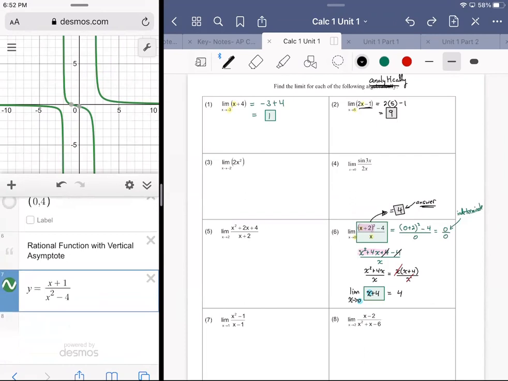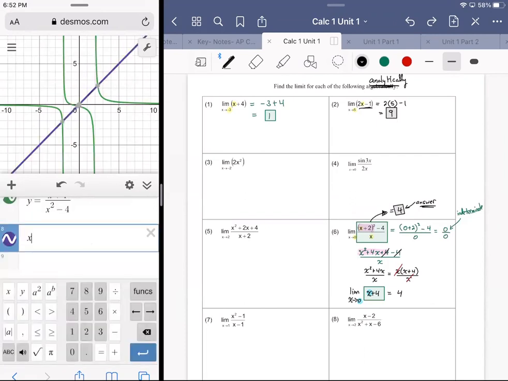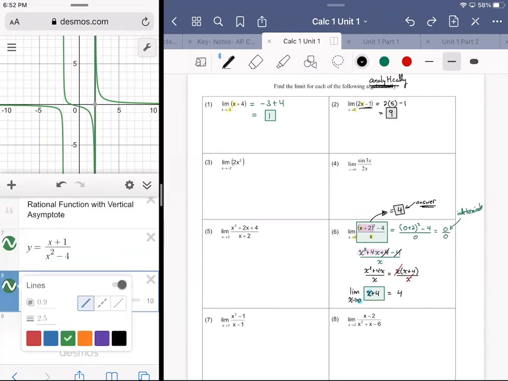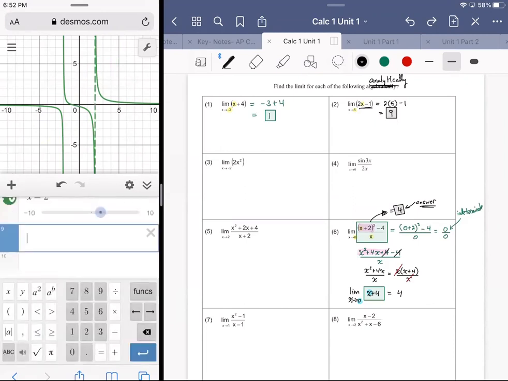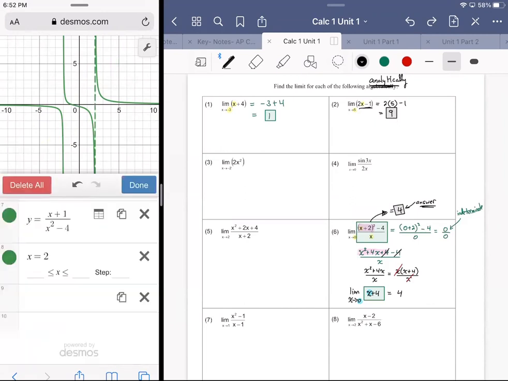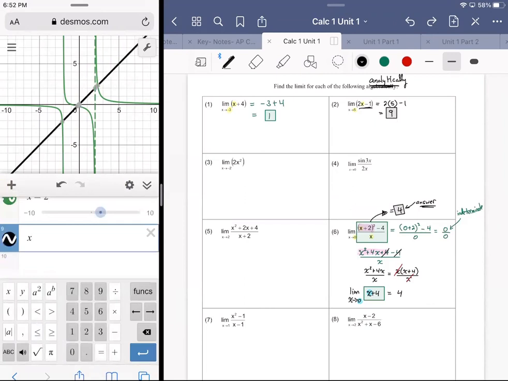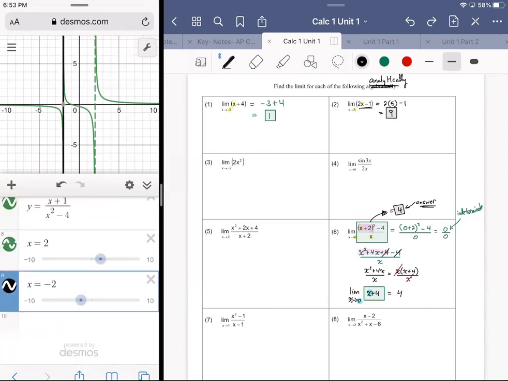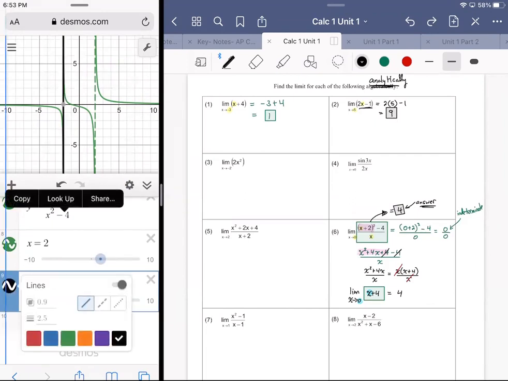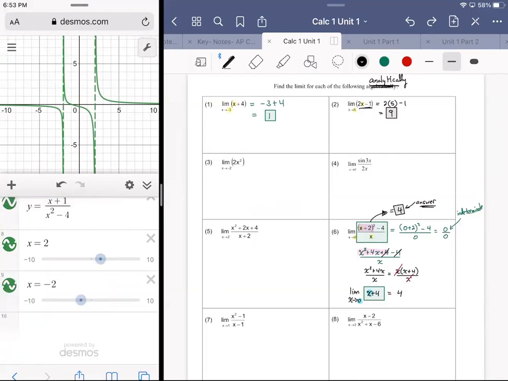If I look at just the asymptotes, the limit as x approaches negative 2, the limit as x approaches positive 2, I'm going to get DNE in both cases.